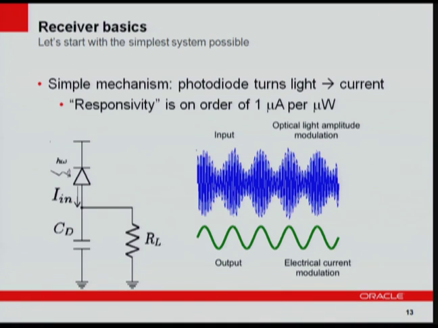It receives photons and generates electron-hole pairs, and there's a typical number associated with that, called the responsivity of the photodiode. Basically, it says how much current is generated per watt impinged on the device. A typical number is 1 microamp per microwatt. This current, in order to be useful, has to be converted to a voltage because eventually it will become a digital signal out.